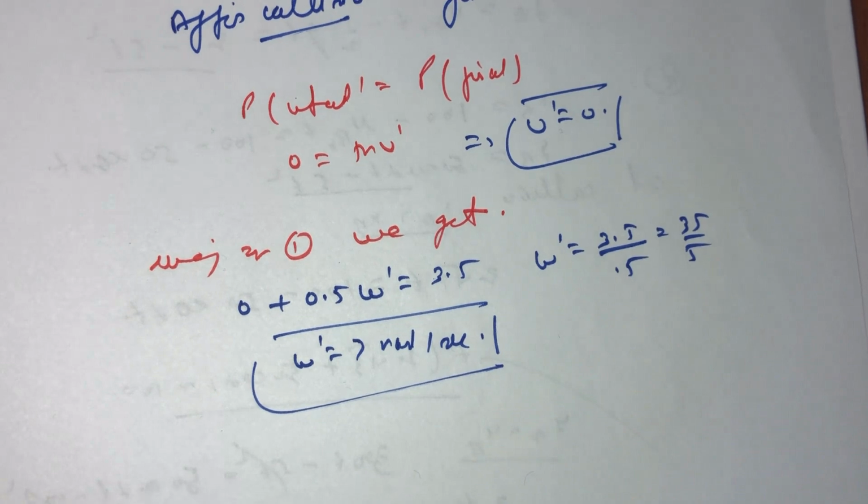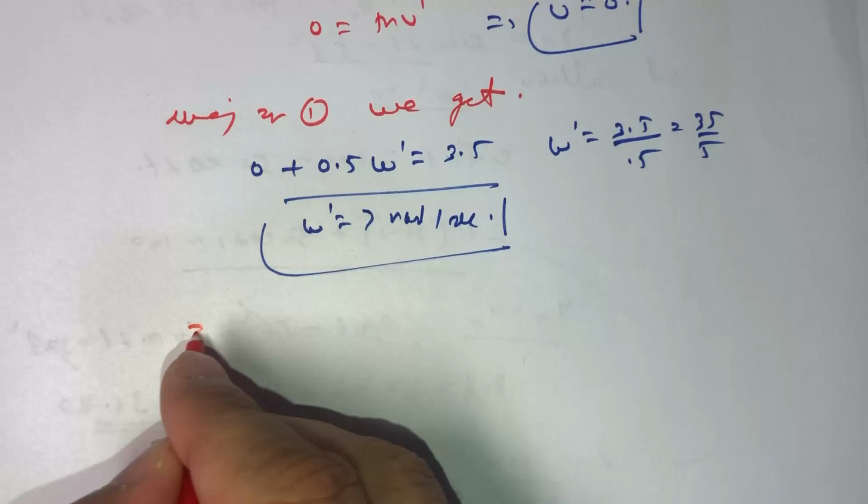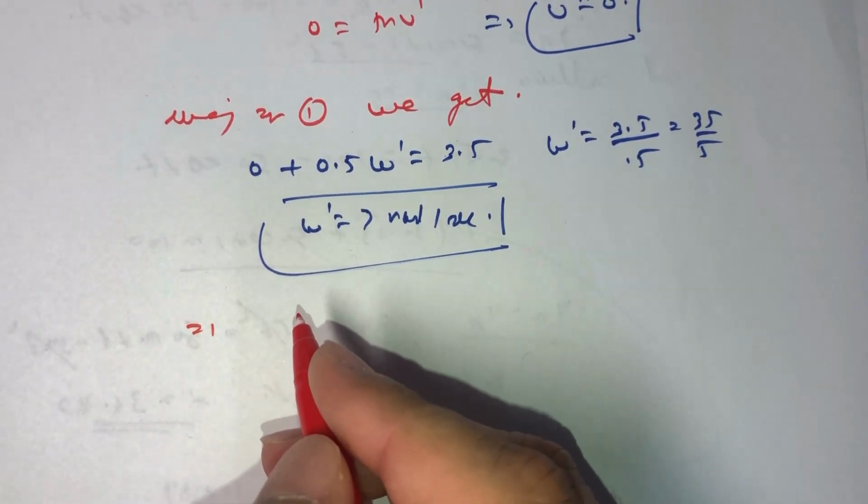So from here we can write that the linear velocity is equal to 0.